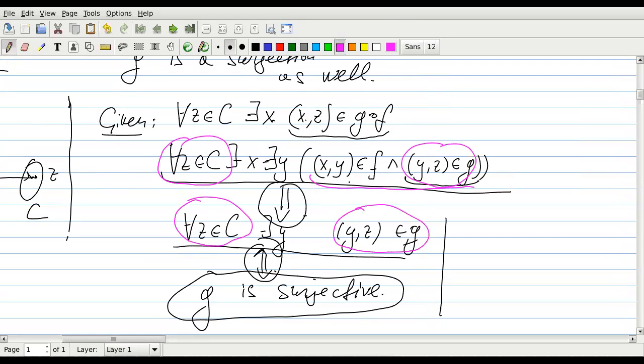If alpha and beta are both true, then beta is true, isn't it?